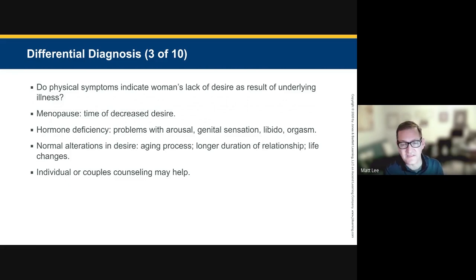Again, this is for the vast majority of women. There's probably not a role in a general women's health clinic for androgen testing. This could be in the sex therapist's office, that small, minute group of women who've tried everything else, perhaps. The vast majority are going to respond to what we've been talking about here.